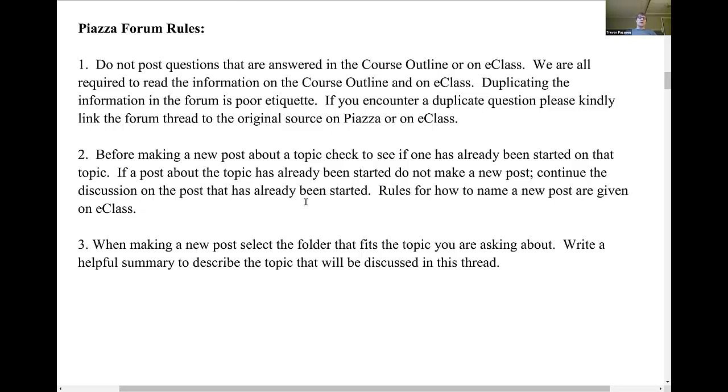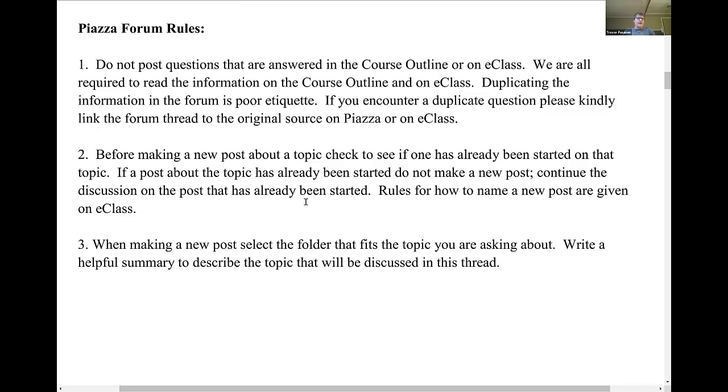The reason is I want Piazza to be a nice resource that we can all go to and quickly find the information that we need. But if 10 people ask the same question that's already been answered on the course outline or somewhere on eClass, then it can get sort of confusing. Well, where is the right answer?